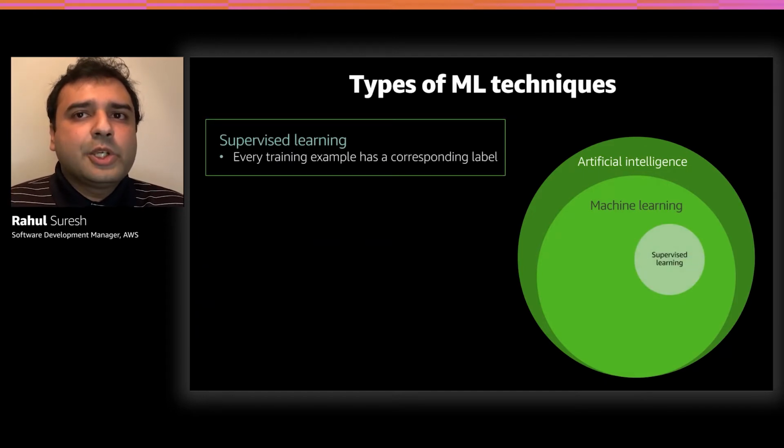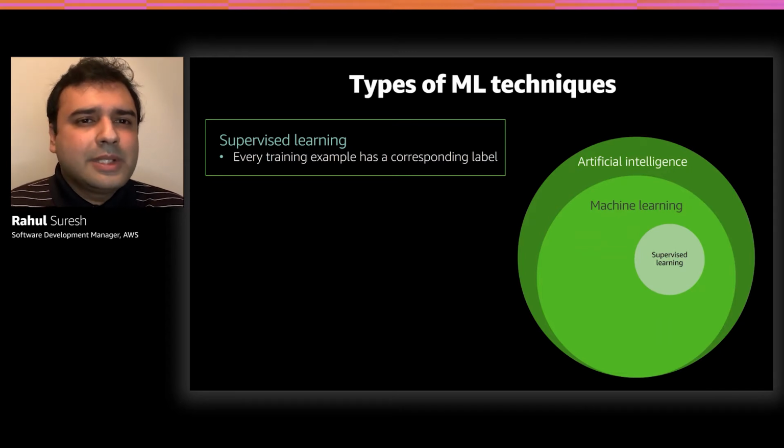Within machine learning, you have many popular techniques. Supervised, unsupervised, and reinforcement learning are the three popular techniques in machine learning. Supervised learning refers to the machine learning techniques in which every training sample from the dataset has a corresponding label or output value associated with it. As a result, the algorithm learns to predict labels or output values.